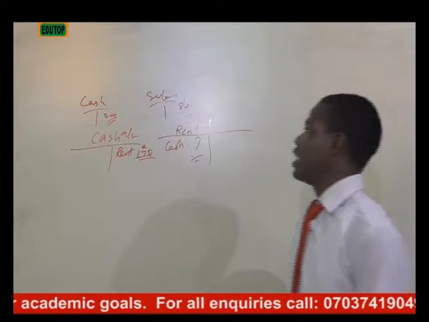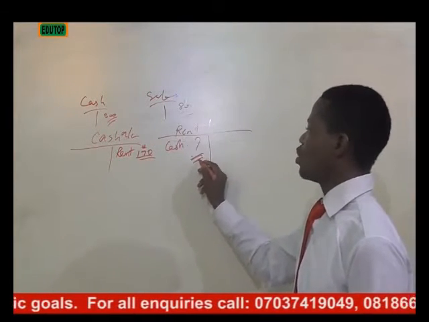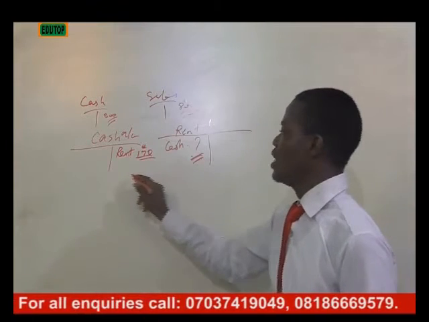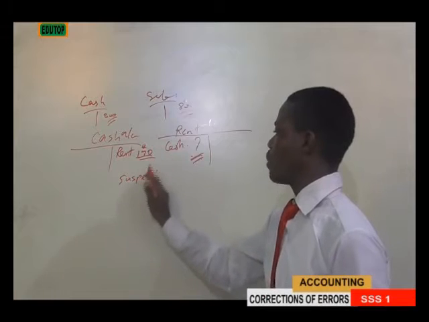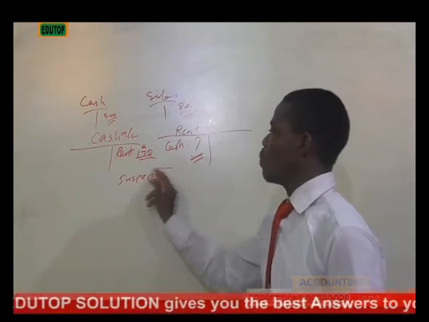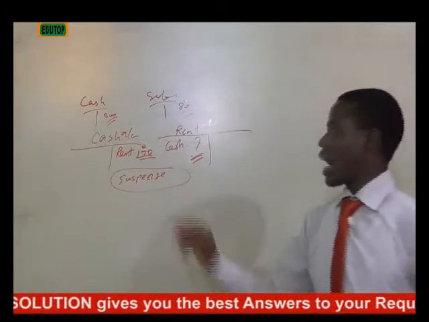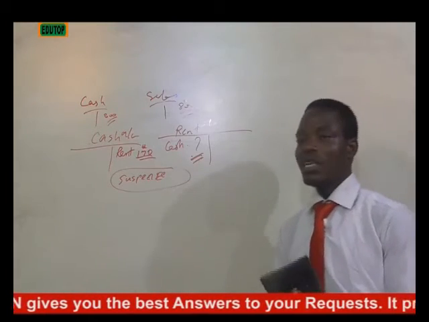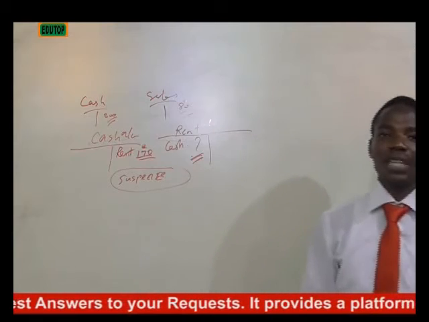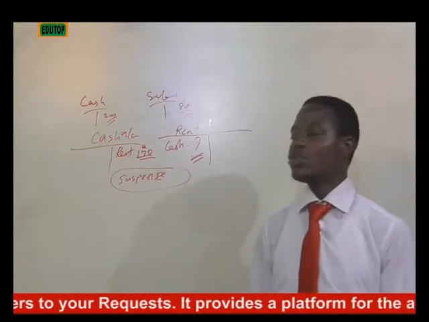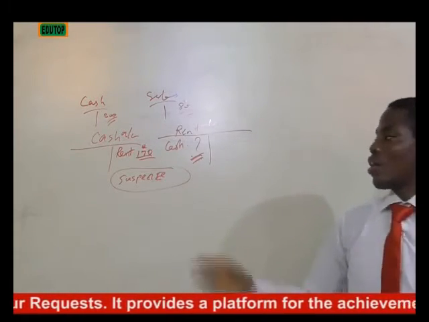So in this case, how are we going to correct the errors? What we just do is that this error that is discovered, we name it as a suspense. That is the reason why you prepare what we call the suspense account. That means when there is a divergence between the debit side and credit side of the trial balance, the difference is what we call suspense.